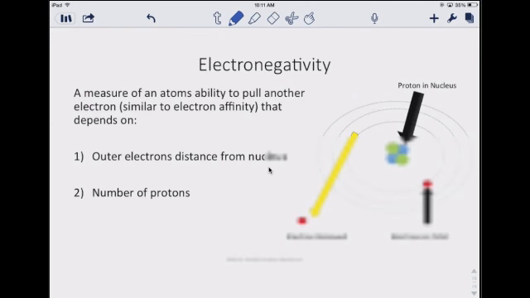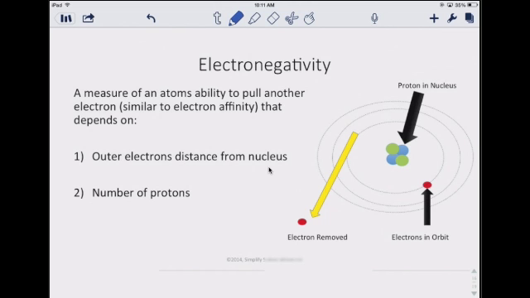Our last periodic trend that we have is called electronegativity. Now, electronegativity is a measure of an atom's ability to pull another electron, similar to electron affinity, that depends on the outer electron distance from the nucleus and the number of protons.